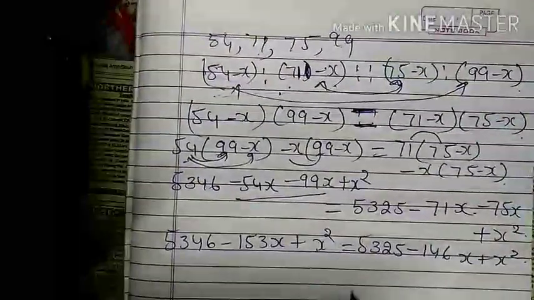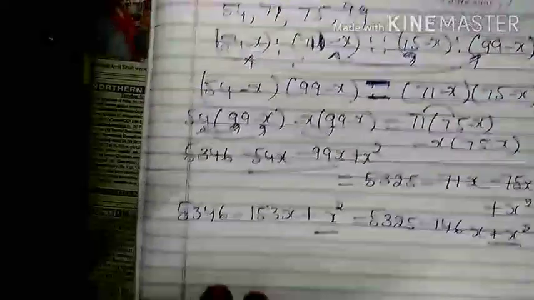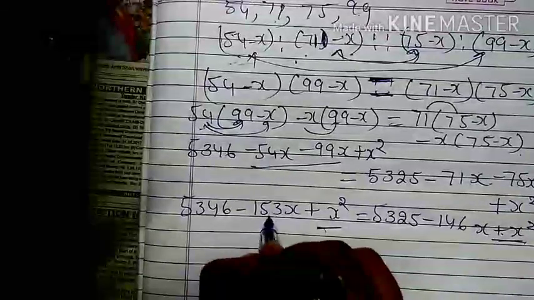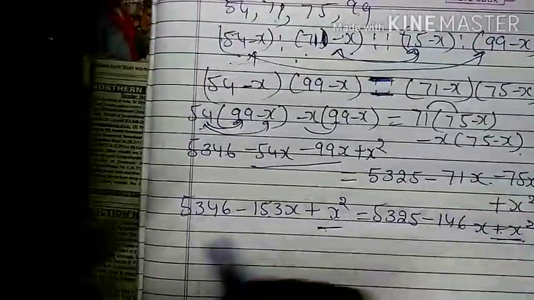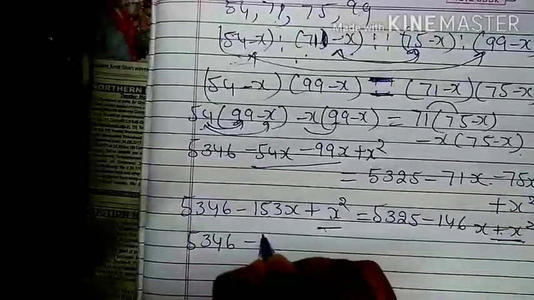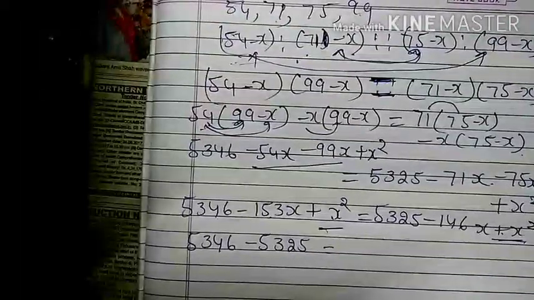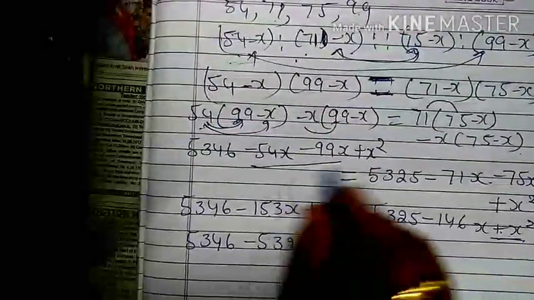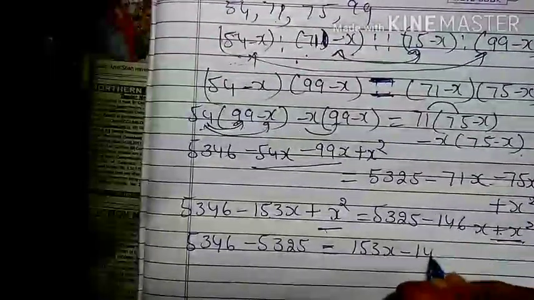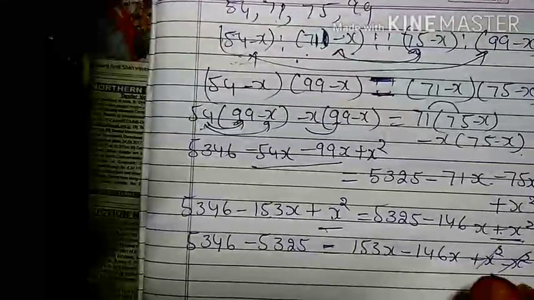Now on both sides, this plus x square and this plus x square term are the same. We shift the constant terms on one side and the variable terms on the other side, arranging the terms accordingly: 5346 minus 5325, and 153x minus 146x plus x square and minus x square, so that will be cancelled.